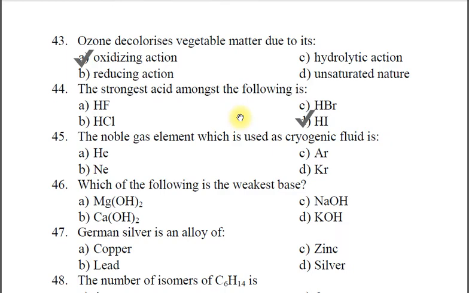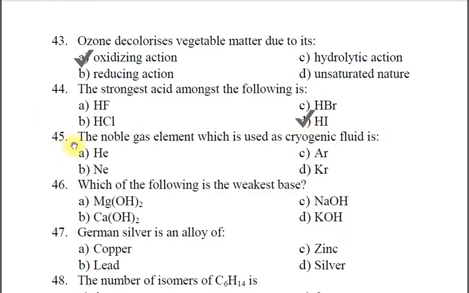So the acid which loses protons very easily is a strong acid. HI loses the proton with the highest ease because the iodide ion is largest in size. So it is the strongest acid.